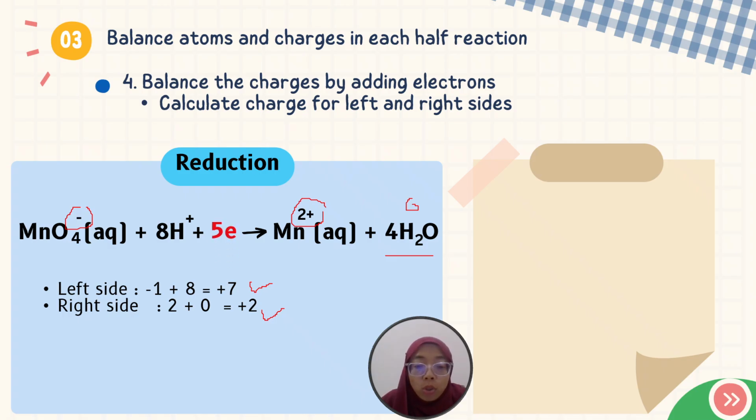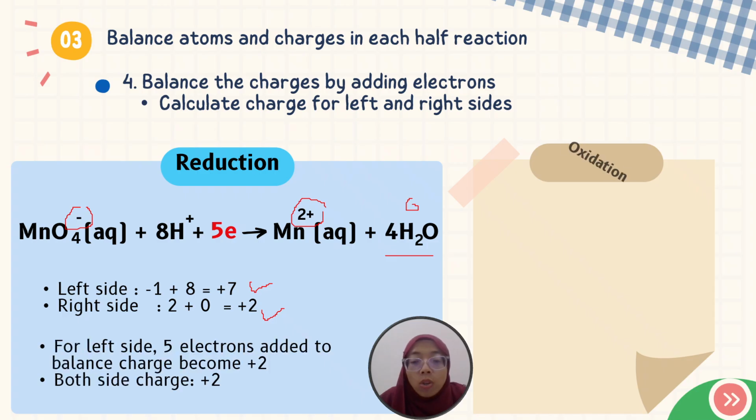Electrons have a negative charge, so 7 minus 5 gives equal charge, plus 2, for both sides.